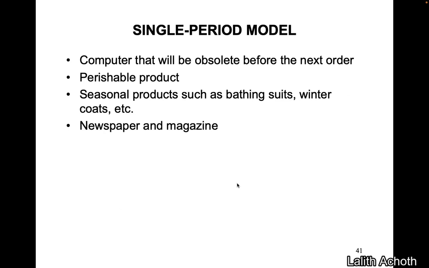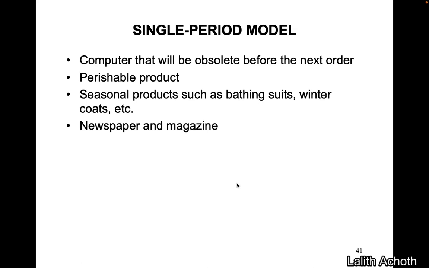The single period model, computers that will be obsolete. The example of single period model, when computers will become obsolete before the next order. So that is usually done in single period. So the computer has to be junked. Whatever you don't sell, you must sell as a sale, and therefore you lose a substantial amount of money.